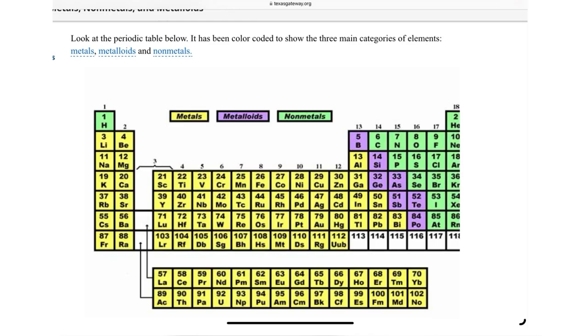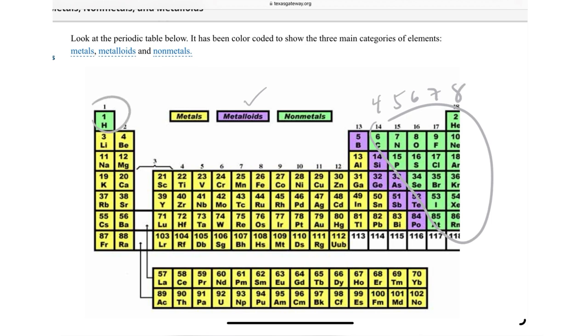This is a periodic table showing the difference between metals and nonmetals. Okay, we also have metalloids, but they can act like metals or nonmetals depending on what they're reacting with. So, just generally speaking, these guys are the nonmetals, groups 4, 5, 6, 7, 8.